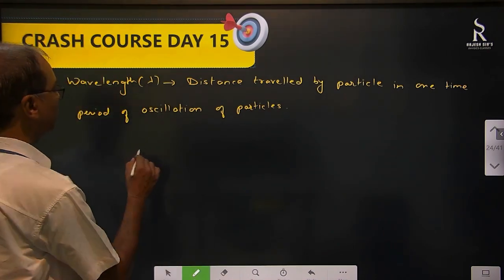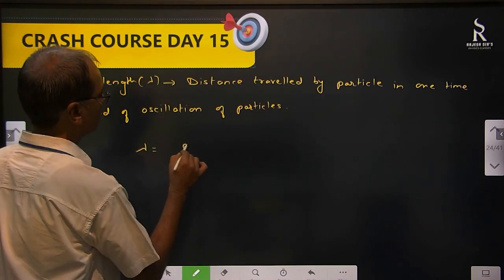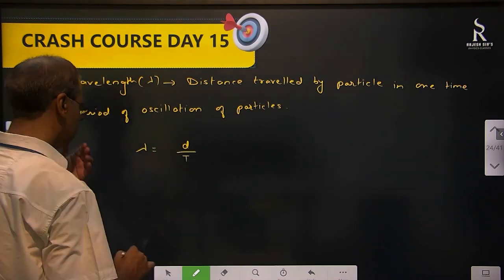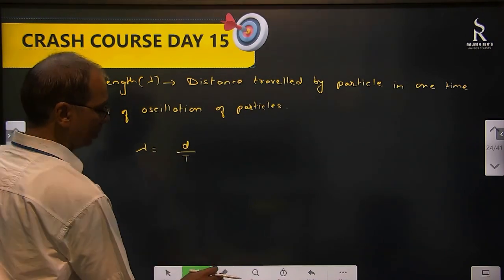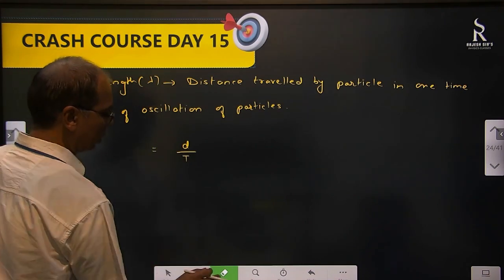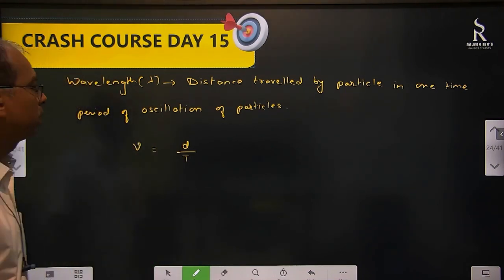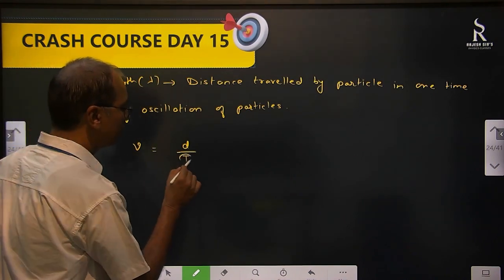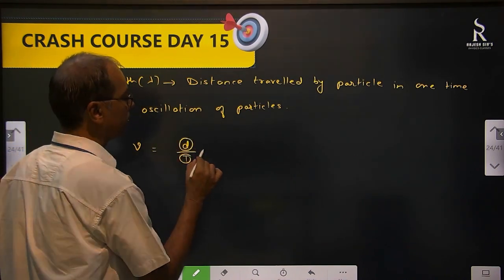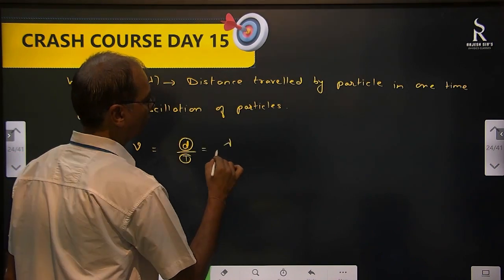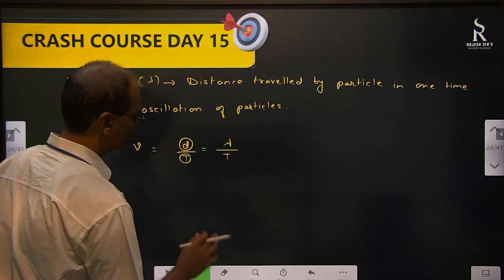So lambda basically is distance traveled by time. Sorry, I have written it wrong. Velocity of wave actually is distance traveled by time. Okay, and if this time is the time period, then this d is actually the wavelength. This is lambda by T, and I should write this as small t actually.